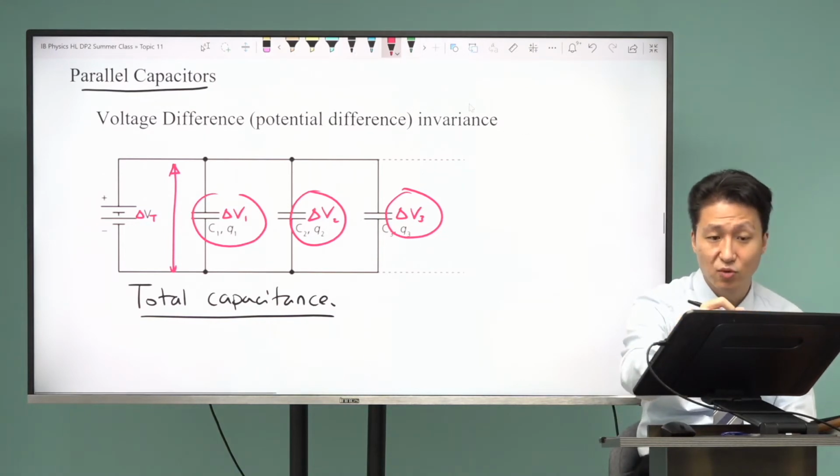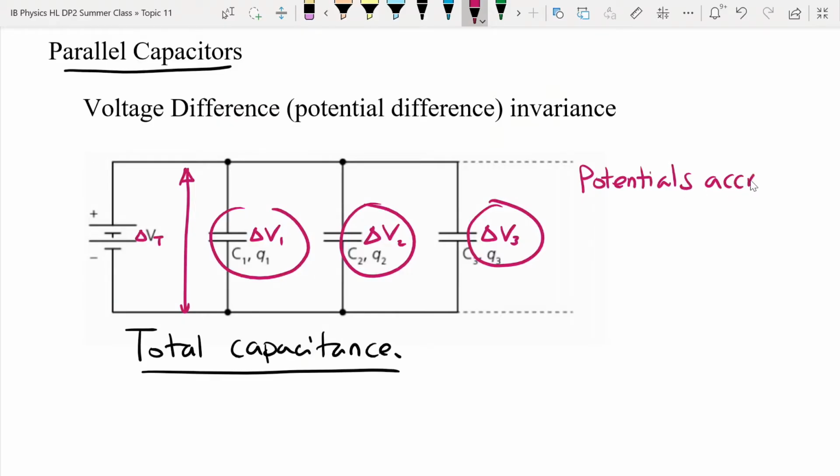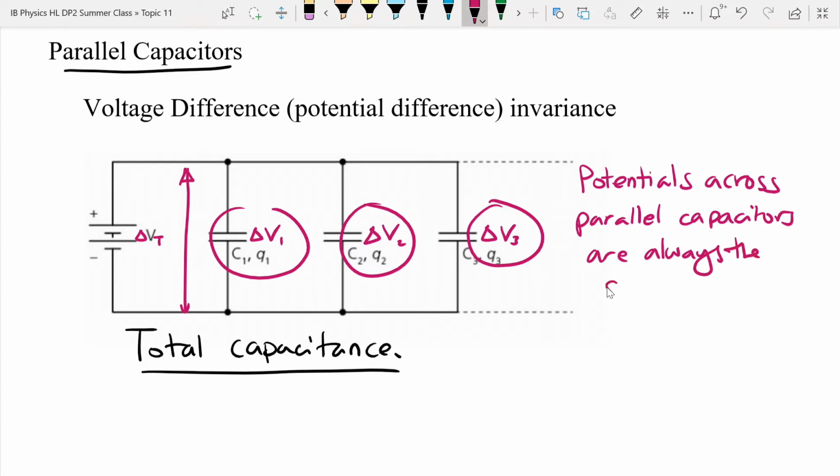Potentials across parallel capacitors are all the same. So let's put this in red: potentials across parallel capacitors are always the same, right?